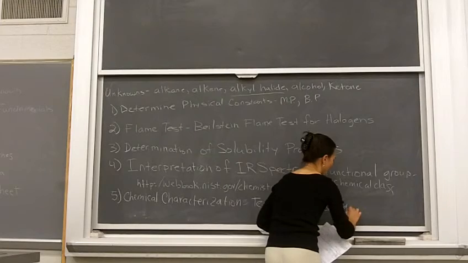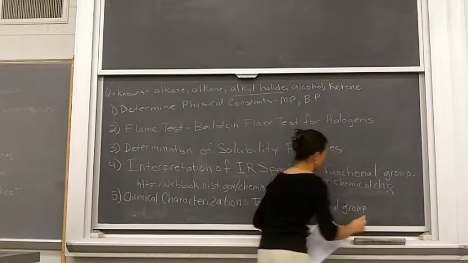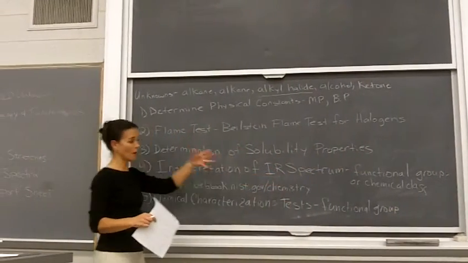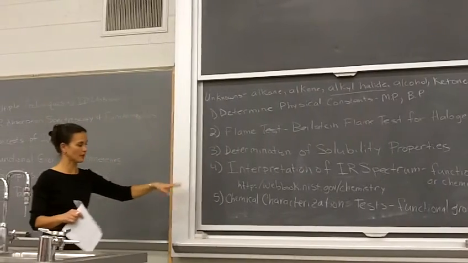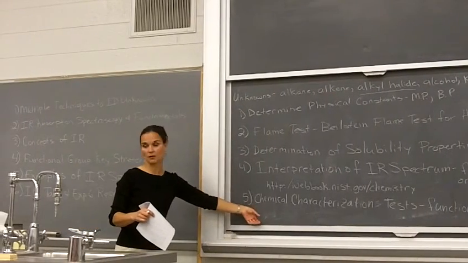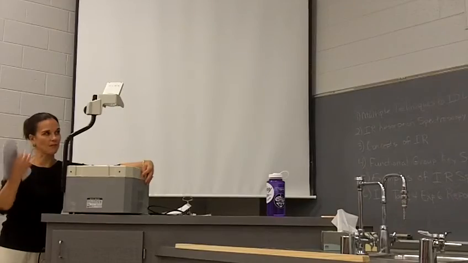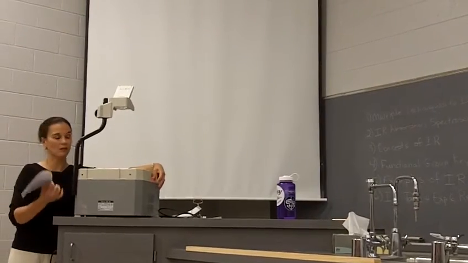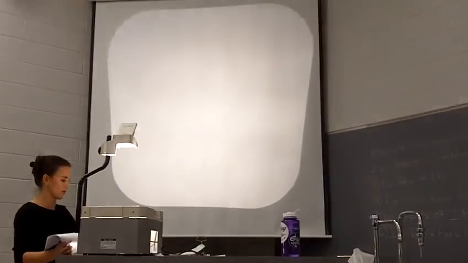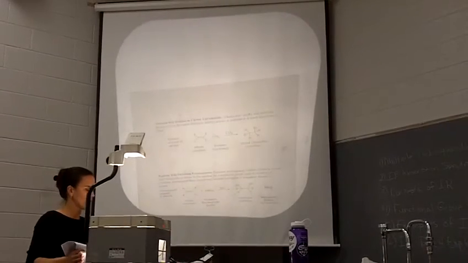What should happen is you should be able to interpret from your IR spectrum what you think the functional group is, and then do chemical characterization tests that help you verify that, okay? There are 4 different tests in addition to the flame test. Basically, the flame test is our characterization test for the alkyl halides.